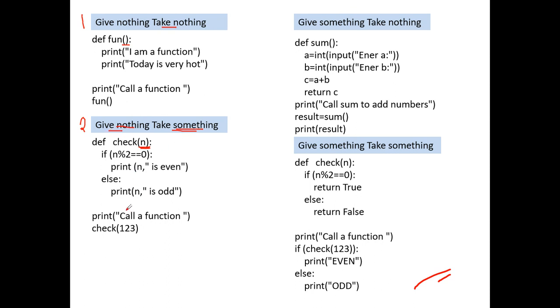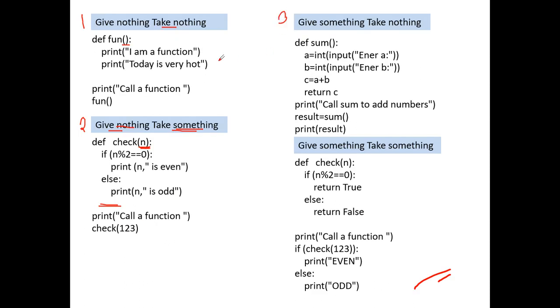Give nothing means it is not returning anything. You can follow that there is no return statement here, so this function is not going to return anything to the function from which it was called. Simply, this can be categorized as give nothing, take something.